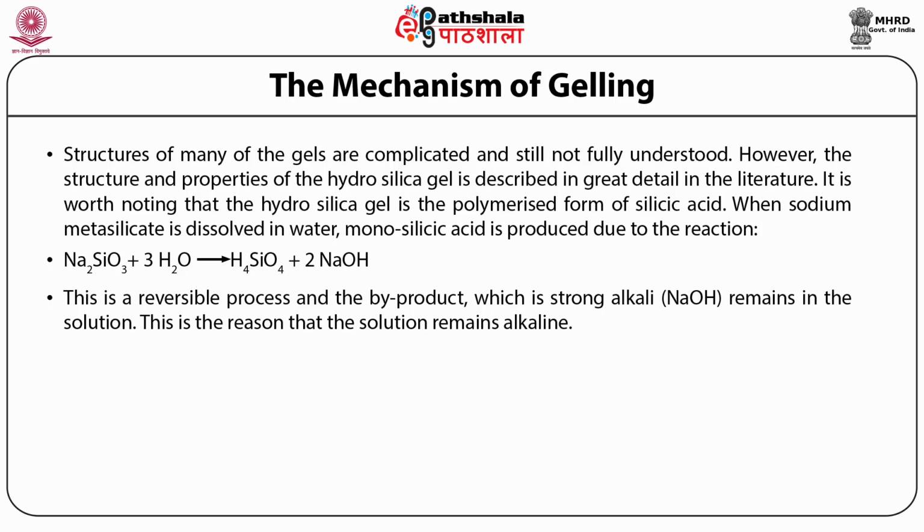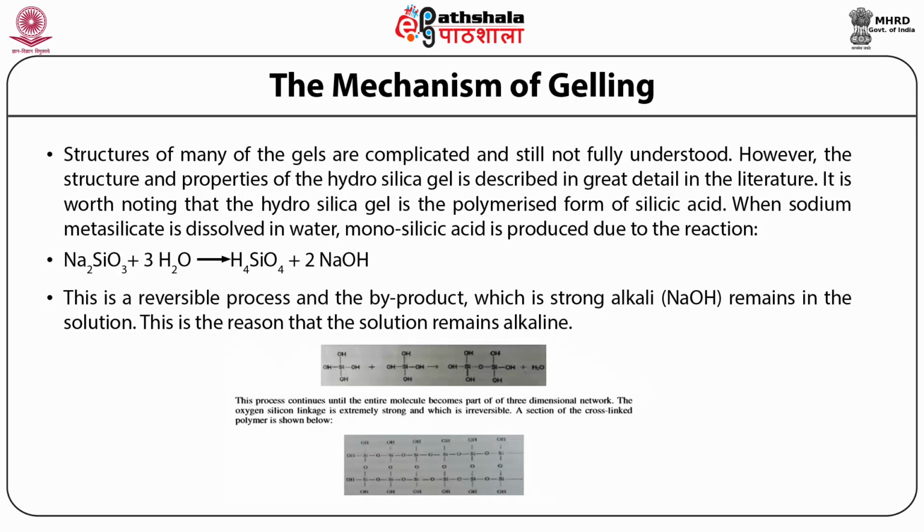The monosilicic acid liberates the hydroxyl ions and polymerizes as shown below. (OH)3SiOH + HO-Si(OH)3 gives (OH)3Si-O-Si(OH)3 + H2O.